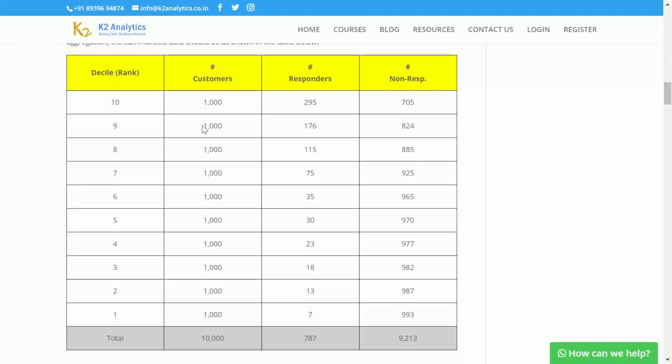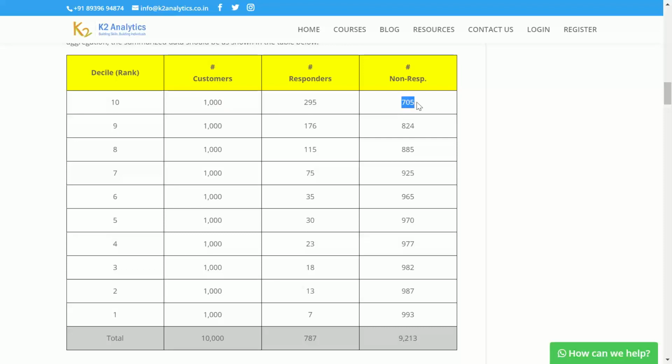These are how many customers are there in each decile. This 295 is the actual number of responders in decile 10. This 176 is the actual number of responders in decile 9. When I say actual, it is based on the data which has been passed to the model development. 1000 minus 295 is 705.